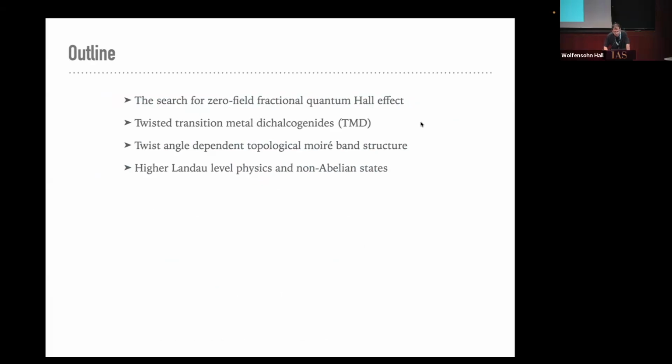Then I will show you the main results of our recent work, the twist angle dependent topological Moiré band structure. Finally, I will show you that at certain twist angles, higher Landau level physics and non-abelian states are actually possible. In fact, through Xiaodong's talk, he already gave an outline of my talk, so this is just a rerun of those.